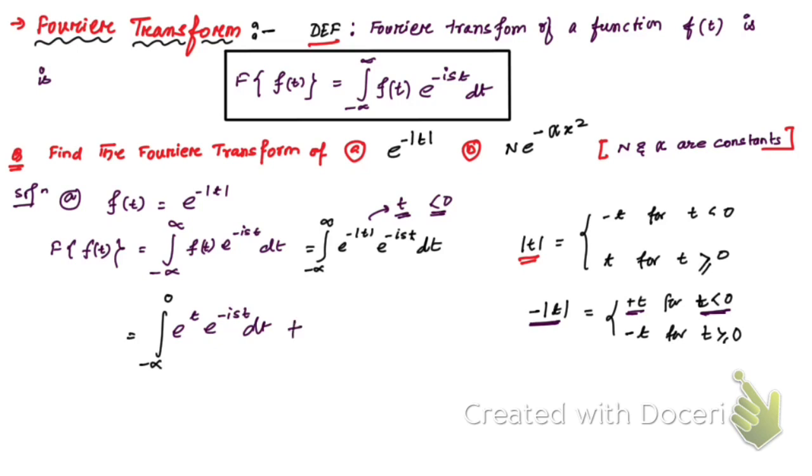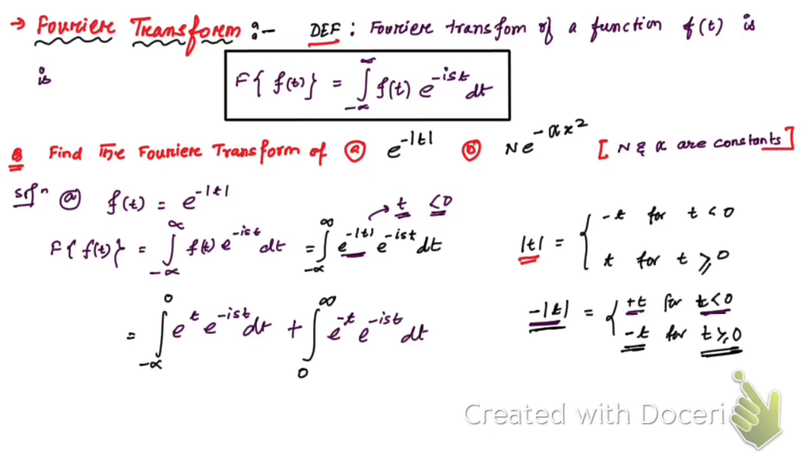Then plus, for t greater than or equal to 0, we know that minus mod t is equal to minus t. So for 0 to plus infinity, we can write e to the power minus t, e to the power minus i s t dt.